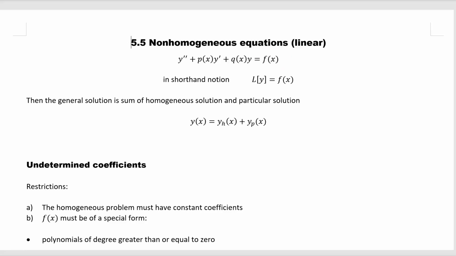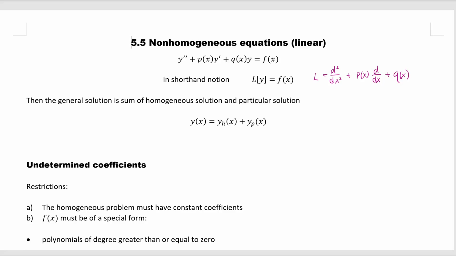Okay, so with our shorthand notation, we can think about L as the operator. So L is, in this problem, we're taking the second derivative plus p of x times the first derivative plus q of x.